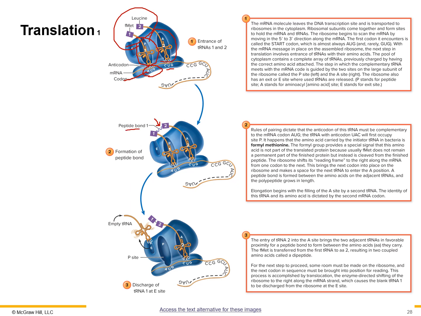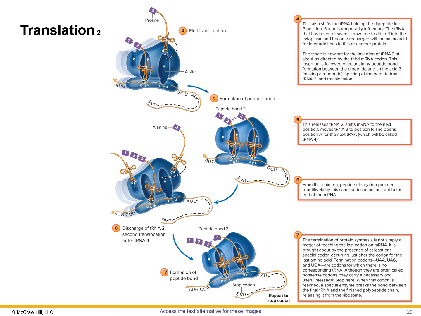Once that bond is formed, the RNA is going to move down one codon. That's that translocation. And now we've opened up a new codon. So we're going to bring another amino acid in here to match up. So again, in our first translocation, we're moving down to where the CCG codon is here in our ribosome.